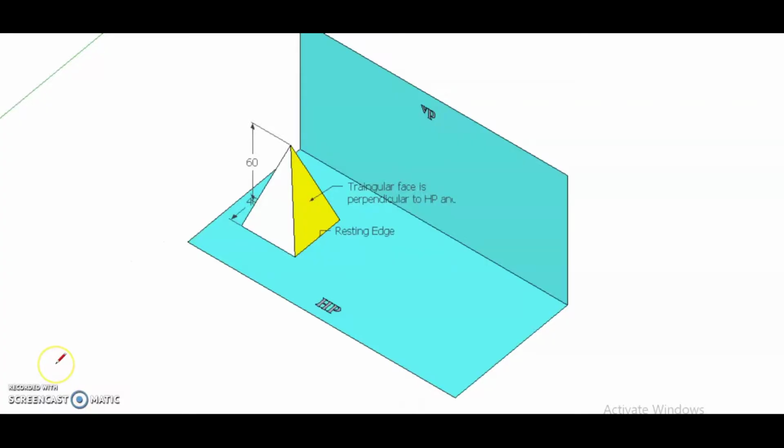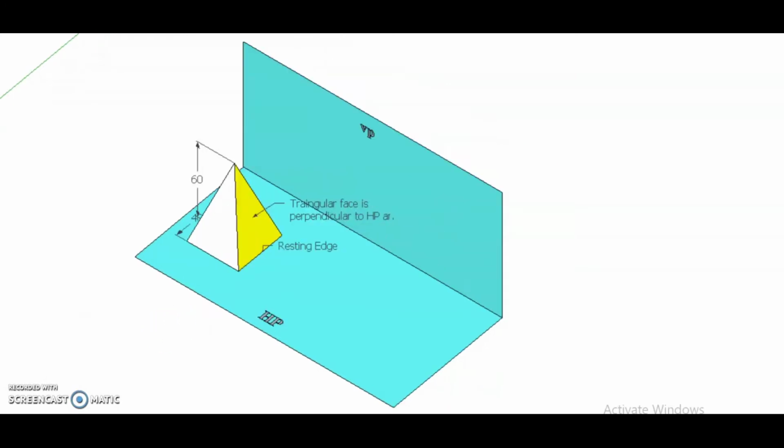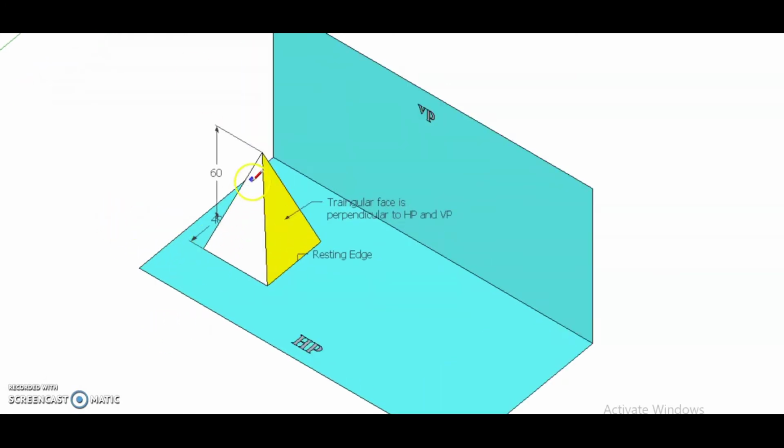For the next case, for this square pyramid, this triangular face should be perpendicular to HP as well as perpendicular to VP.